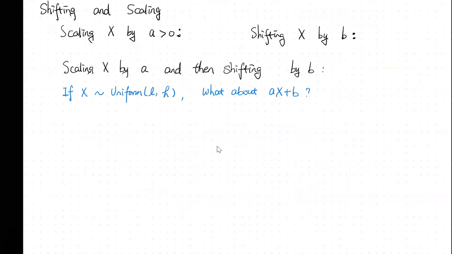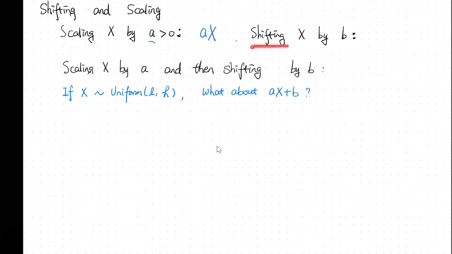Next, let's consider two simple operations on the random variable: shifting and scaling. So what are these two operations? Scaling x by a positive constant a means that we multiply x by the scaling factor a.